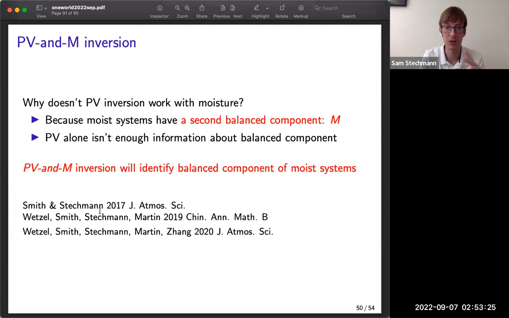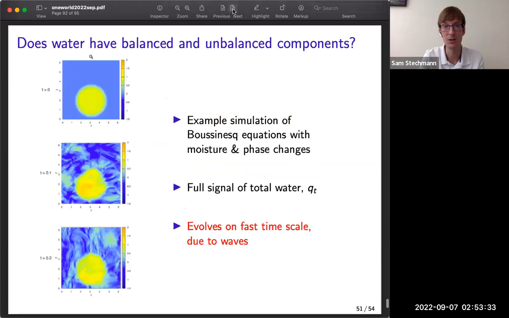And we've started to look at this a little bit in a few papers with WRF simulations and also some Boussinesq simulations. So just to show this a little bit, does water really have balanced and unbalanced components? This is an example simulation, 3D moist Boussinesq equations. I'm plotting the signal of the total water at three times, on the gravity wave time scale of 0.1, 0.2.